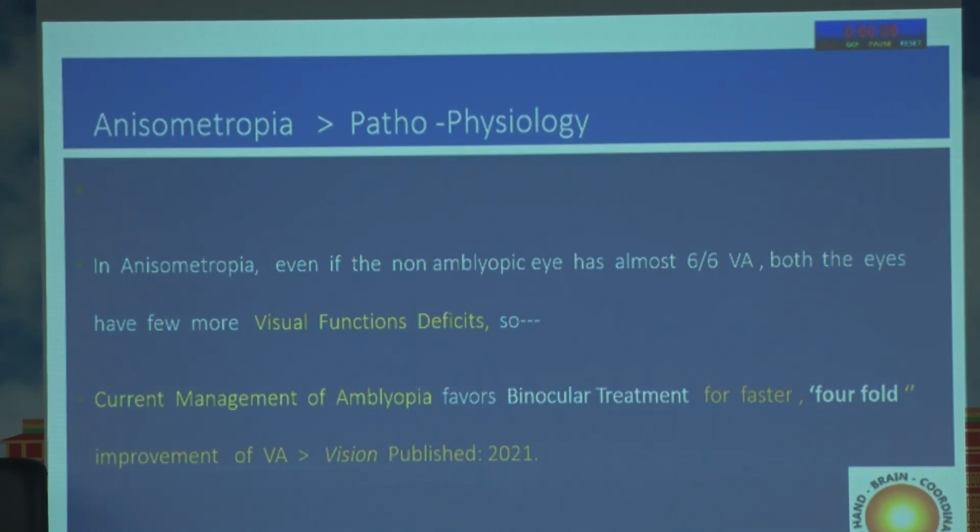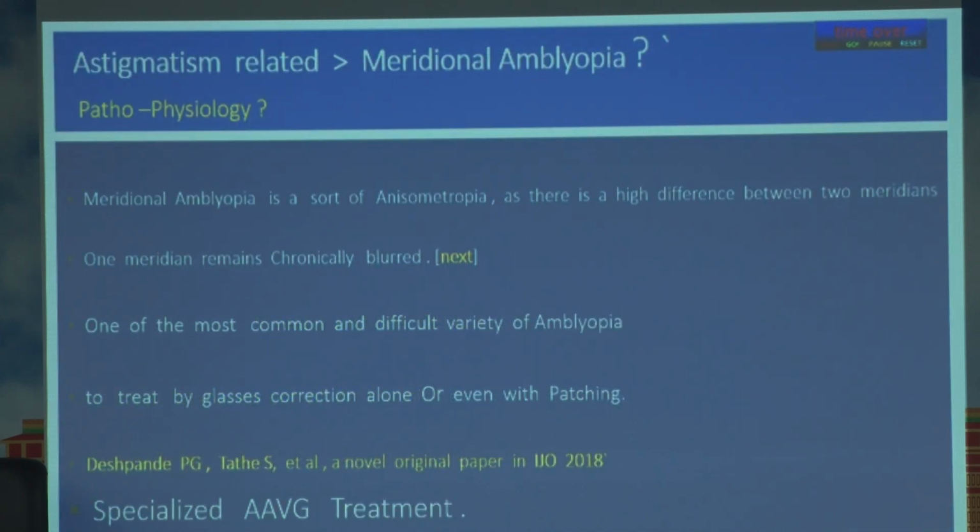In anisometropia, even if the non-amblyopic eye has almost 6/6 vision, both eyes have a few more visual function deficits. Current management of amblyopia favors binocular treatment for faster, fourfold improvement of visual acuity. Meridional amblyopia is a sort of anisometropia.